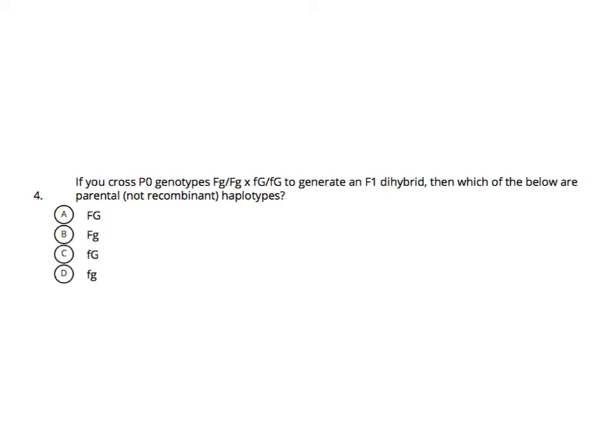So if you cross big F little g and little f big G, let's see. Great. So the parental types in this case are the only haplotypes that the parents will produce. Big F's with little g's and little f's with big G's.